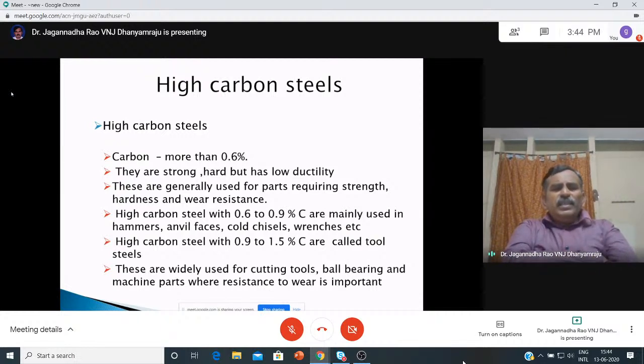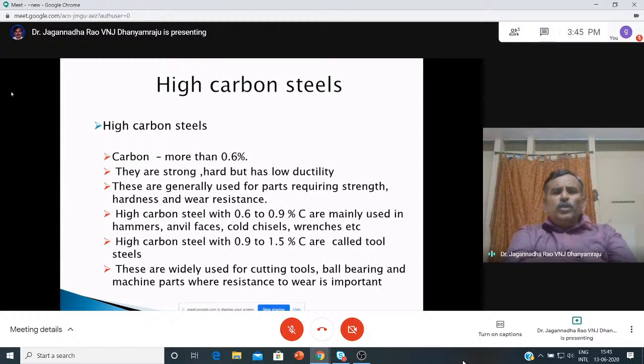In high carbon steels, the carbon content is up to 1.2% carbon. See, the maximum possible carbon content in steel can go up to 2%, but however, in commercial steels, the carbon content is limited to 1.2 to 1.4%.